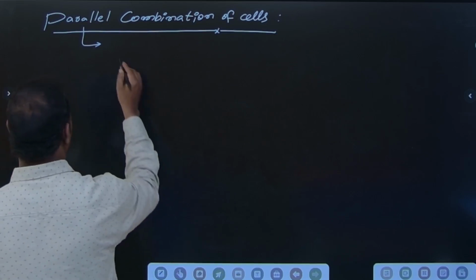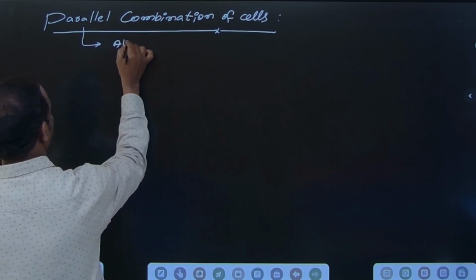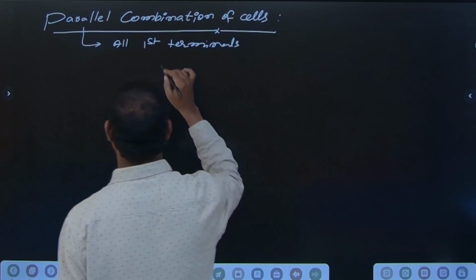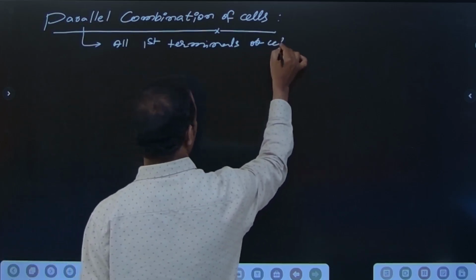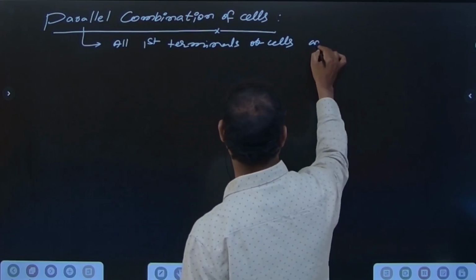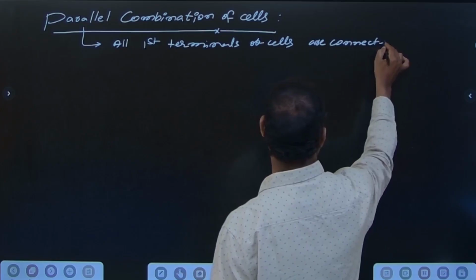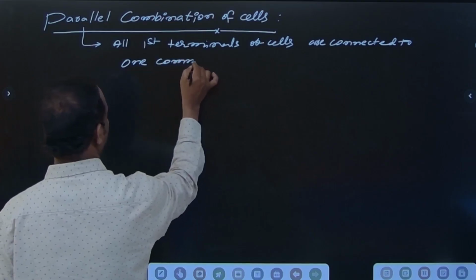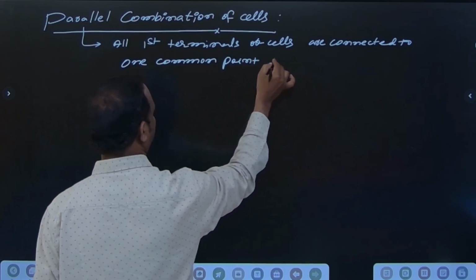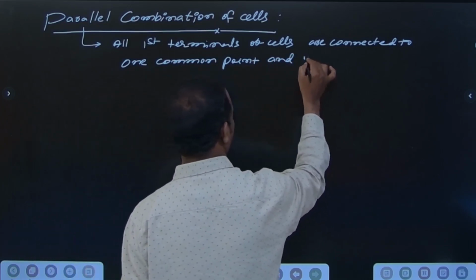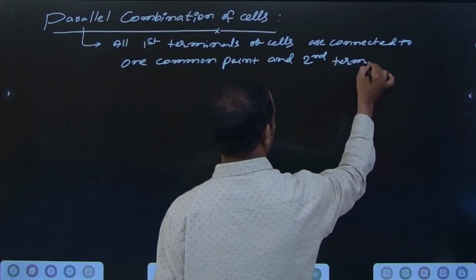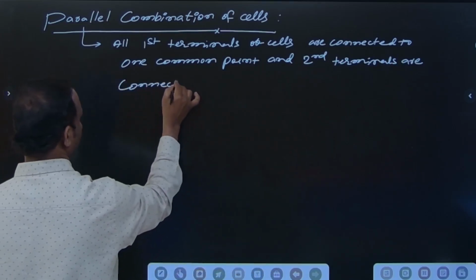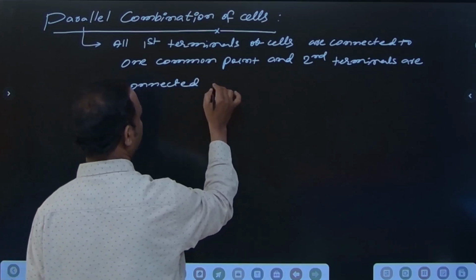So parallel combination of cells means all first terminals of two or more cells are connected to one common point, and the remaining second terminals are connected to another common point.